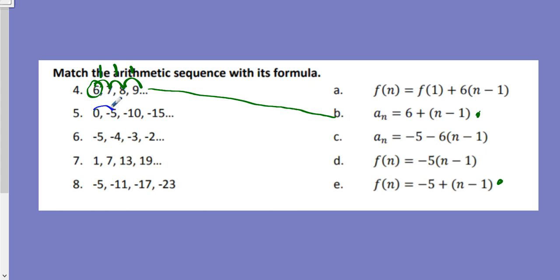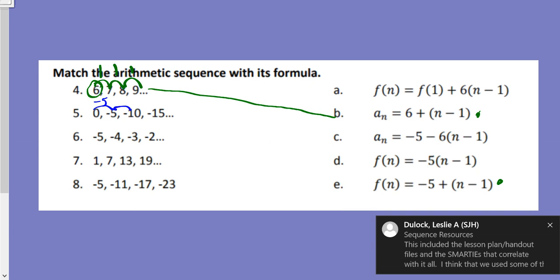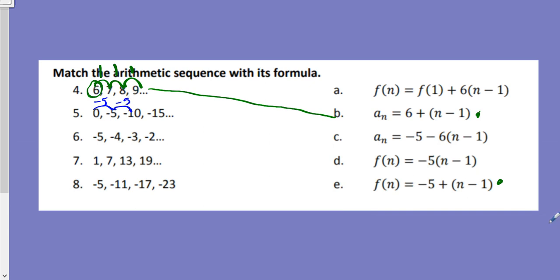Number 5, I can see the common difference is negative 5, and my first term is 0. So looking for a common difference of negative 5, that's like my slope, what I'm multiplying by.